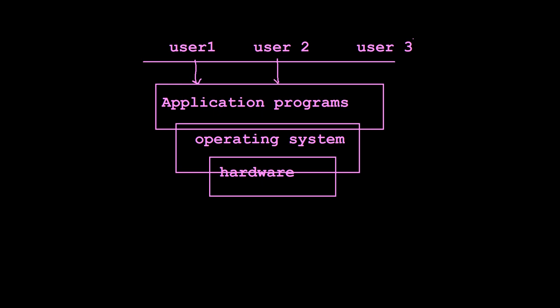As you can see, between application programs and the hardware we have the operating system. So the operating system provides the facilities for the user to use various things of the computer system or hardware devices. In the coming lectures we will discuss in more detail what type of services the operating system will provide to the end user.